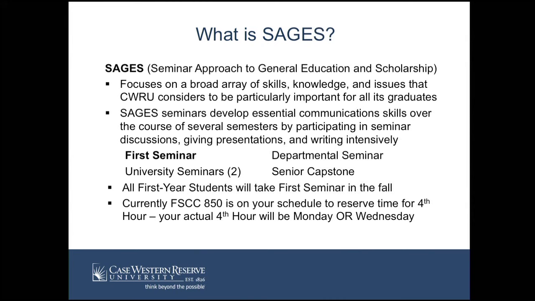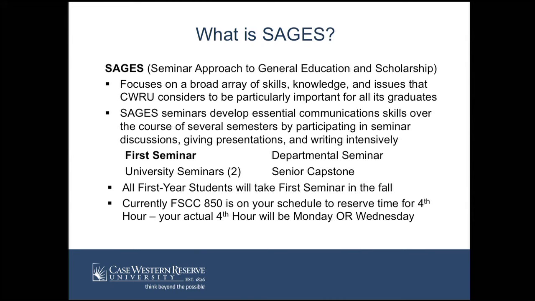So you have a 3-semester sequence of seminars, first seminar followed by 2 semesters of university seminar coursework, in which you'll really be developing your communication skills on all fronts. No matter what major area you choose to study, communication skills are going to be fundamental.